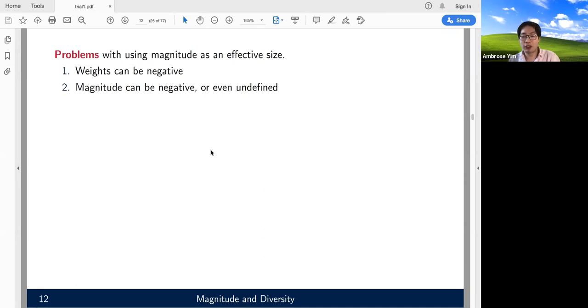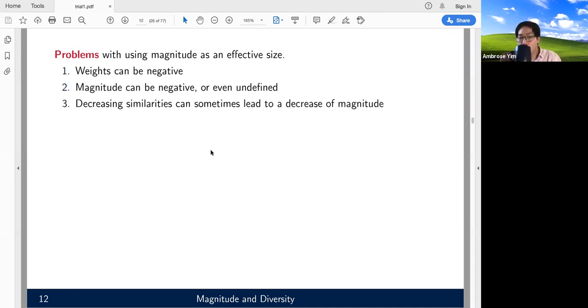What does it mean to have negative size? And paradoxically, in certain cases, decreasing the similarities can lead to a decrease in magnitude. So why is that non-intuitive? If we decrease similarities, things are further apart, so we expect the effective size of the system to be bigger. However, that is not always the case.